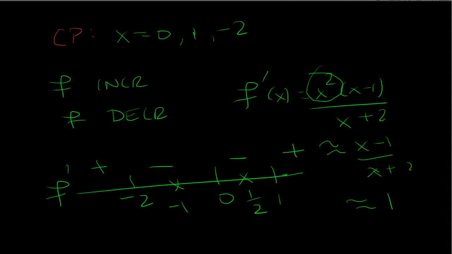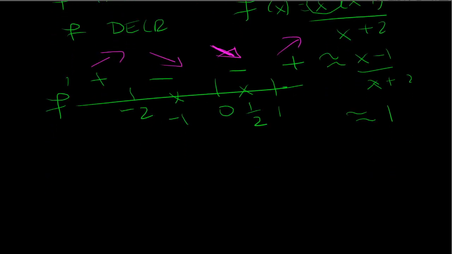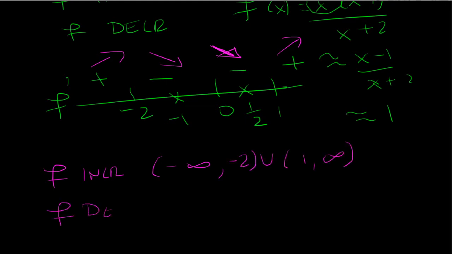So my function is increasing, decreasing, decreasing, and increasing. It's increasing from negative infinity to negative 2, and from 1 to infinity. It's decreasing from negative 2 to 0.